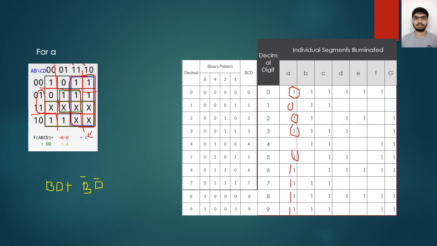The last remaining group is the one that was left out. This group is of 8 elements, and in this A is unchanged. So here it is A. Overall we have A plus BD plus B bar D bar plus C.